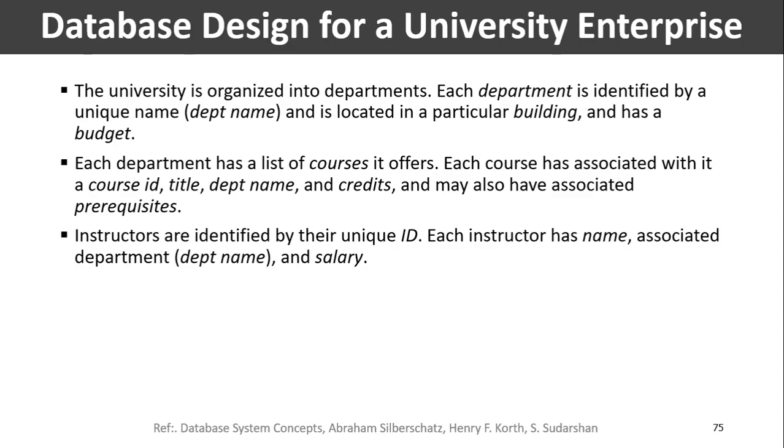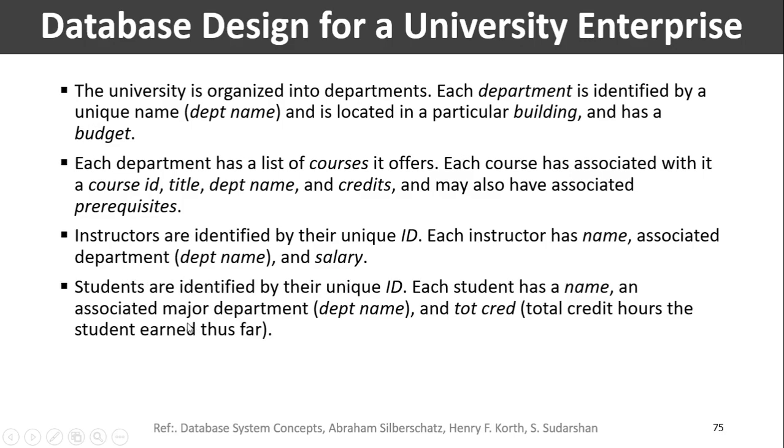Instructors are identified by unique ID. Each instructor has a name, associated department and salary. Students are identified by their unique ID. Each student has a name, an associated major department and total credits.